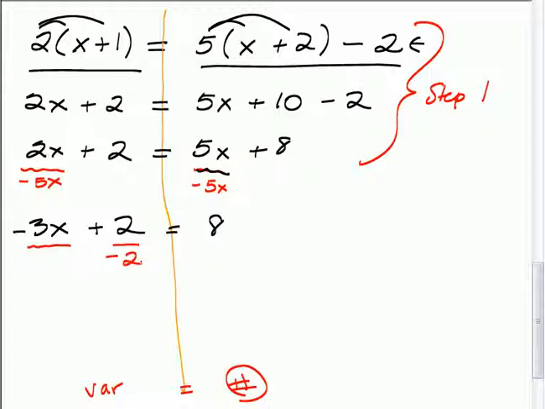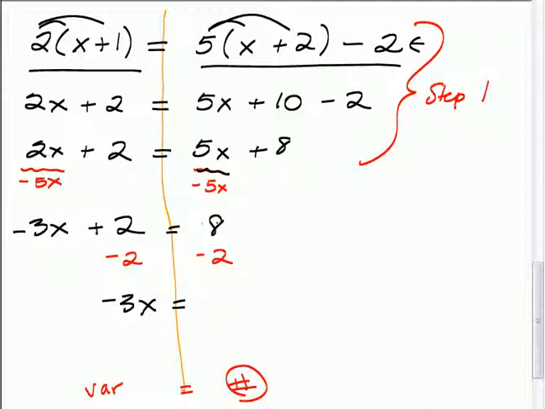So we subtract 2 from this side, and let me clean this up a little bit without the lines. We know we can do that as long as we do the same thing to the other side: subtract 2. The result of that is, on the left, negative 3x, and you'll notice the plus 2 minus 2 equals 0, so we don't even have to write that.